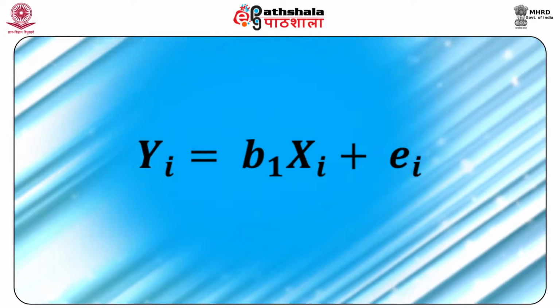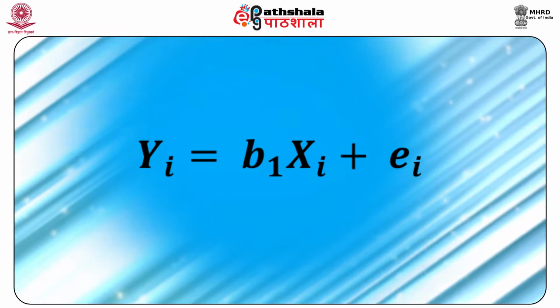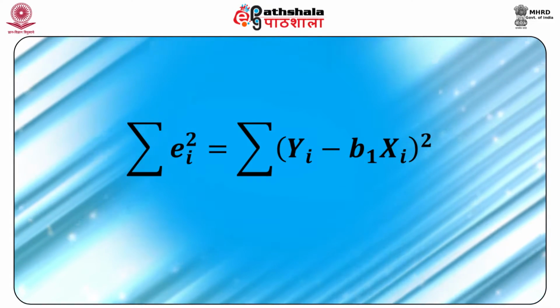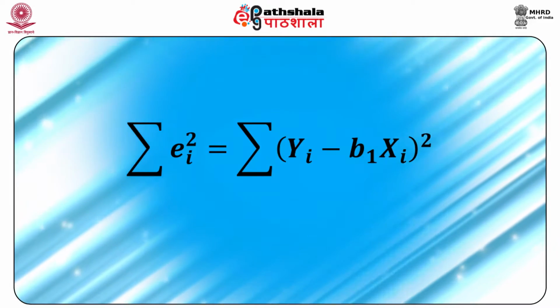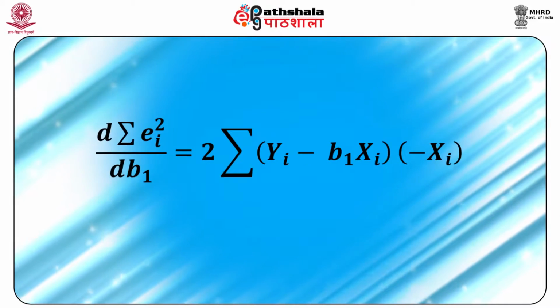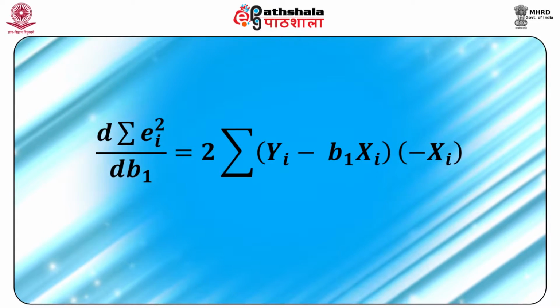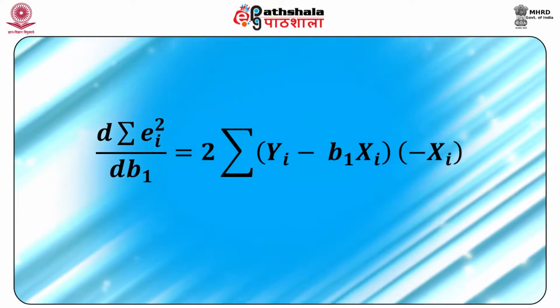Since we now know that the sample regression function is Yi = b1 Xi + ei, let us minimize the sum of the squares of the errors, which is sigma ei square, equal to sigma (Yi minus b1 Xi) square.